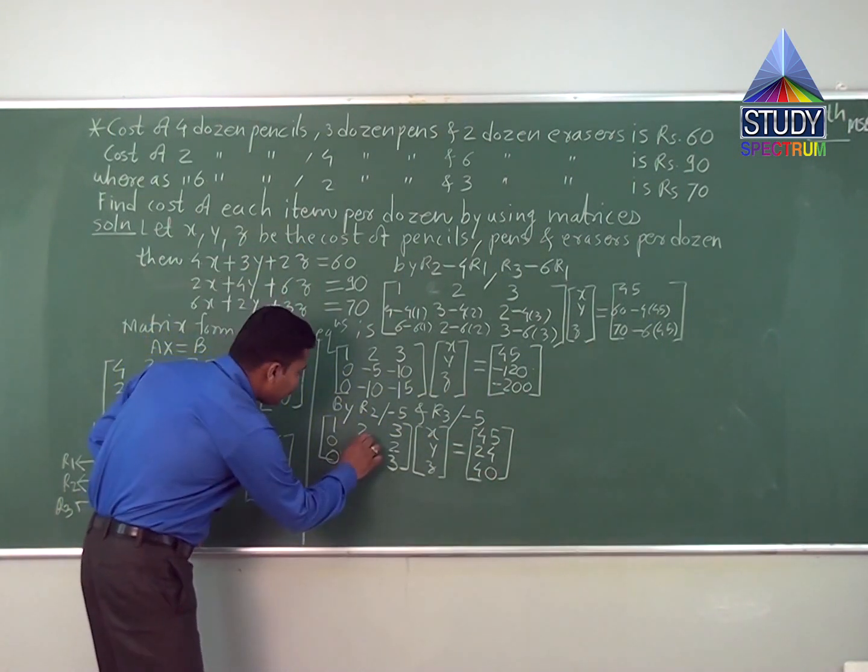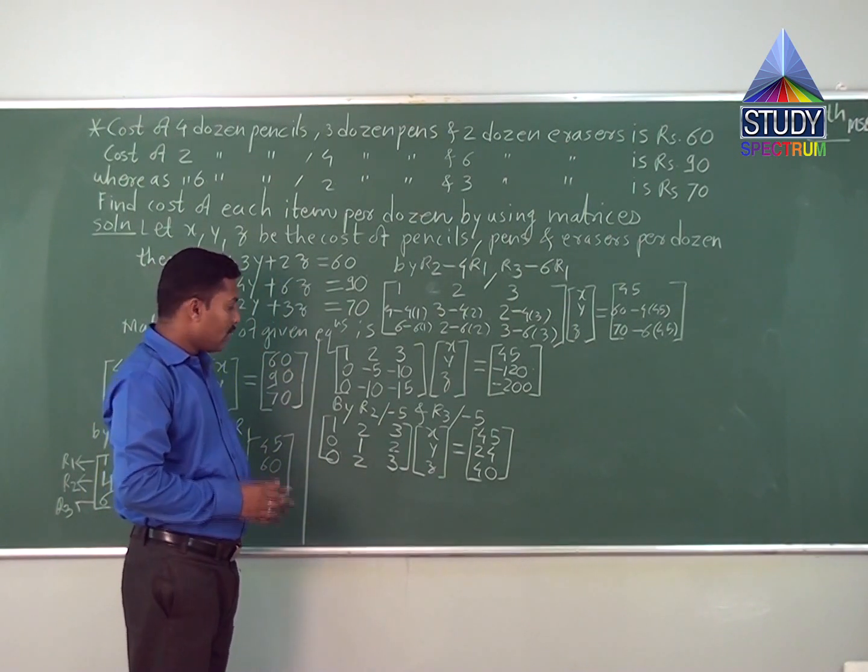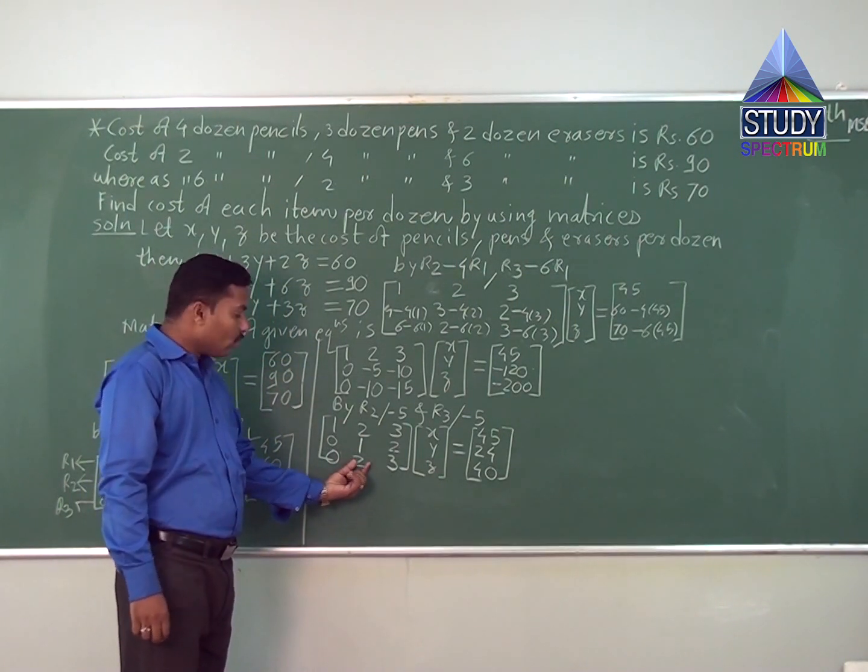So again by using this number 1 we convert this number 2 into a 0. How?